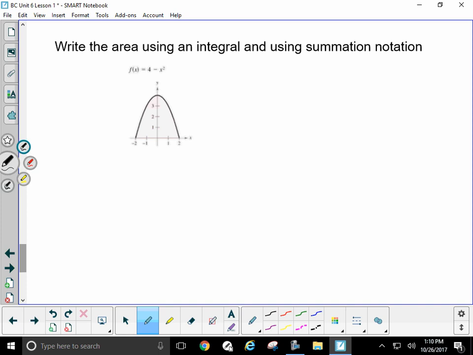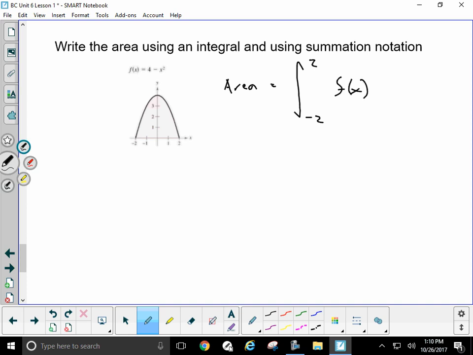Well, finding the exact value is still a tough thing that we're not going to be able to do for another 2 lessons. But we can say a notation expression for that area is the integral from -2 to 2 of f of x dx.